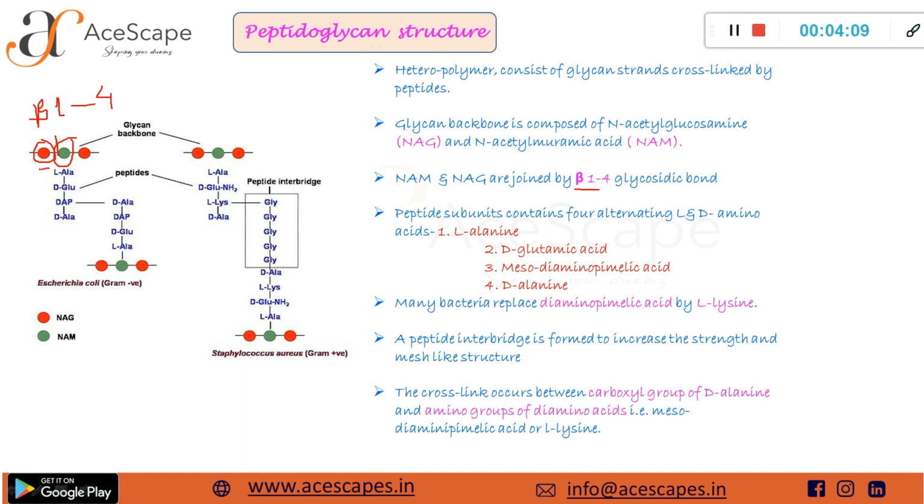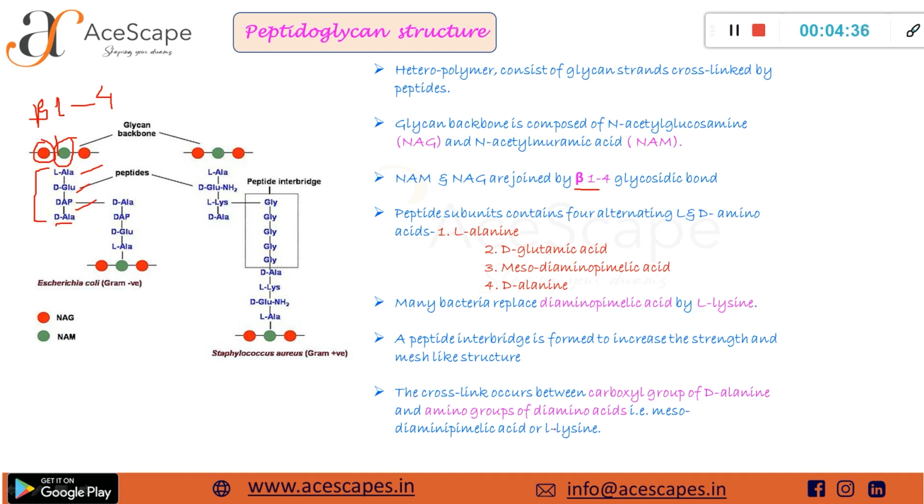There are 4 peptide subunits, alternating in nature between L and D amino acids: first L-alanine, then D-glutamic acid, then meso-diaminopimelic acid, and the last one is D-alanine.